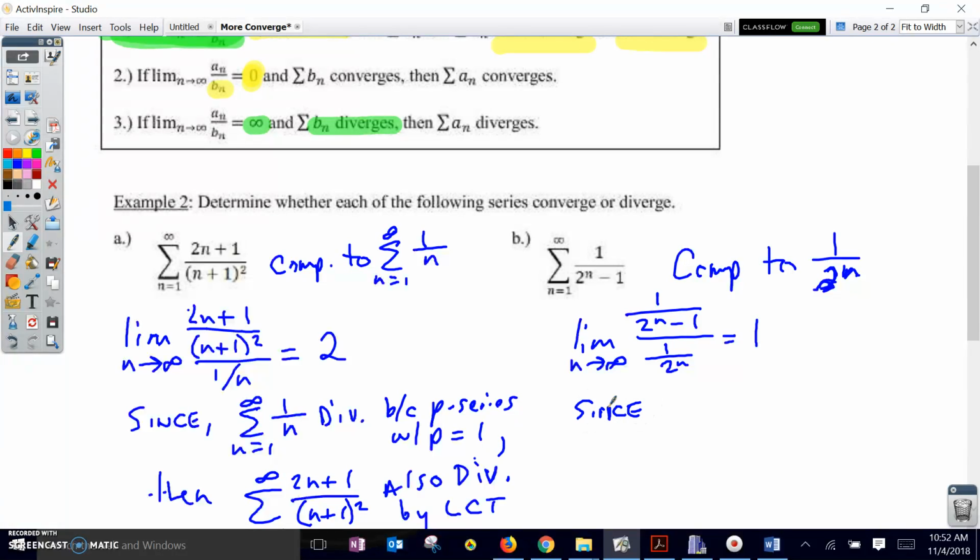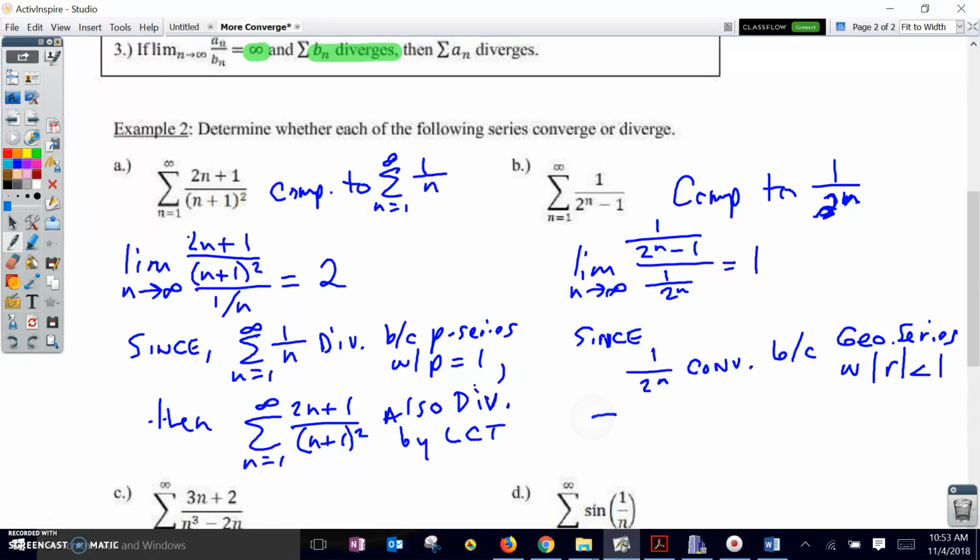Since 1 over 2 to the n converges because it's a geometric series with absolute value of r less than 1, the sum from 1 to infinity of 1 over 2 to the n minus 1 also converges by the direct comparison test.